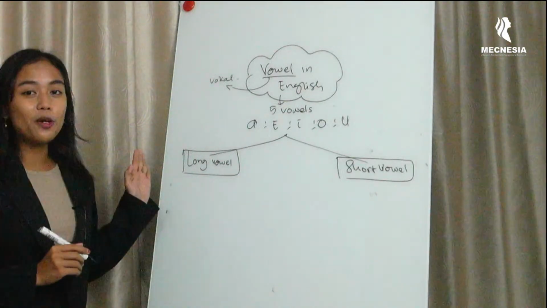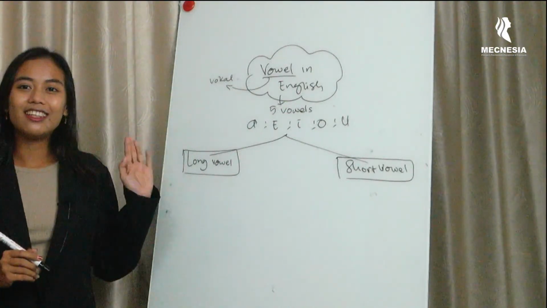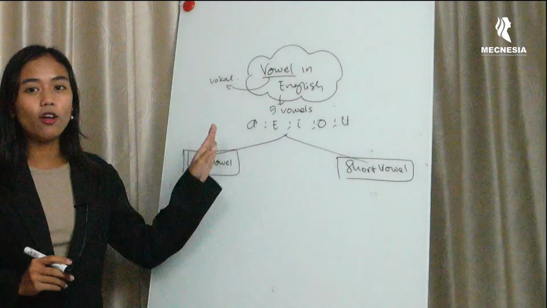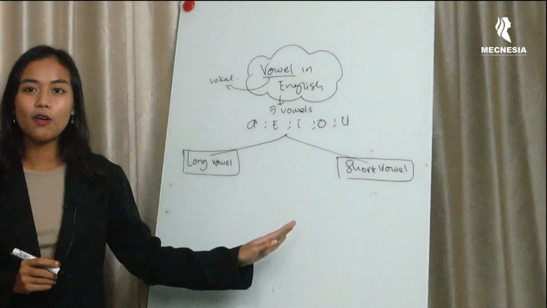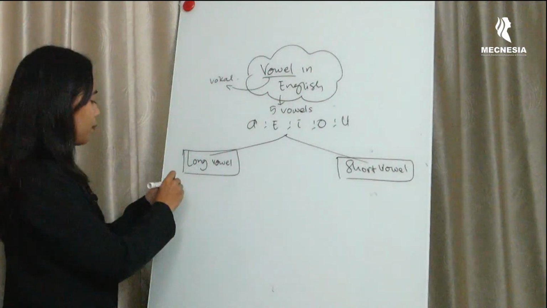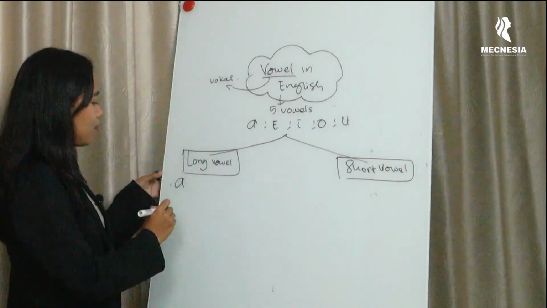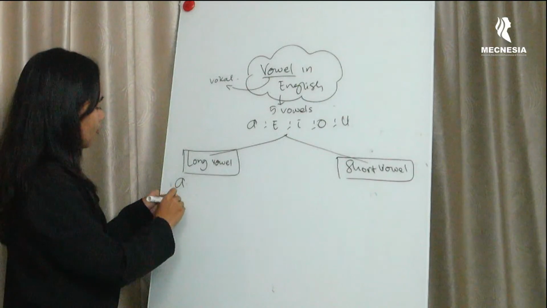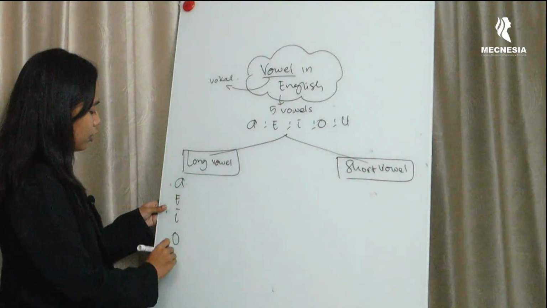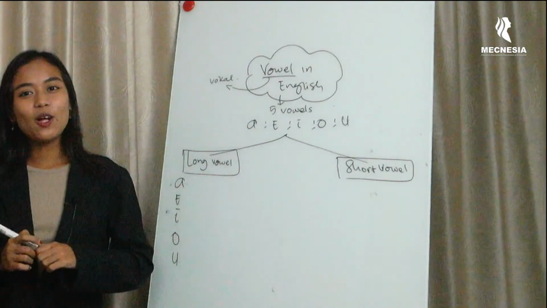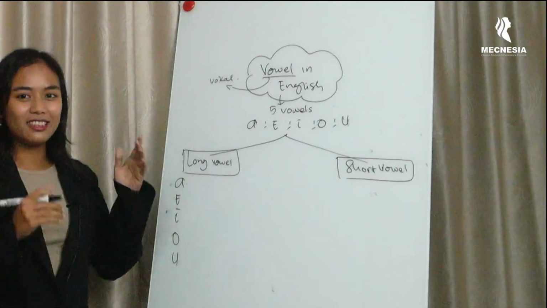Okay, so let's start with long vowel. Here, we also have all of them in long vowel. Jadi semua ini bisa dipronounce sebagai long atau short vowel. Let's start with long. We have A, E, I, O, U. Let's talk about the A first.